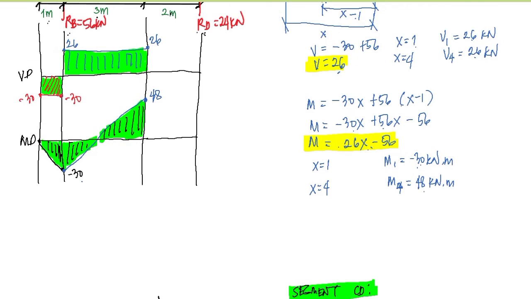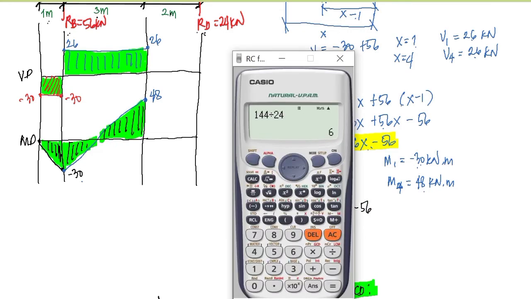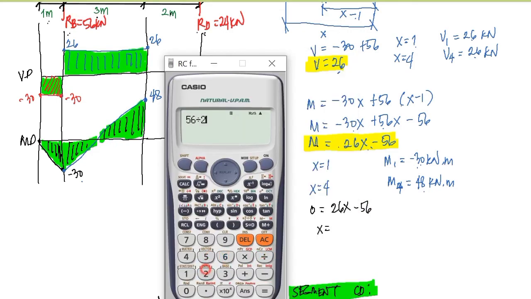So we have here the equation for the moment at BC. We let this moment equal to 0, and that is 26x minus 56. So solving for the value of x, we have 56 divided by 26, and we have 2.154.